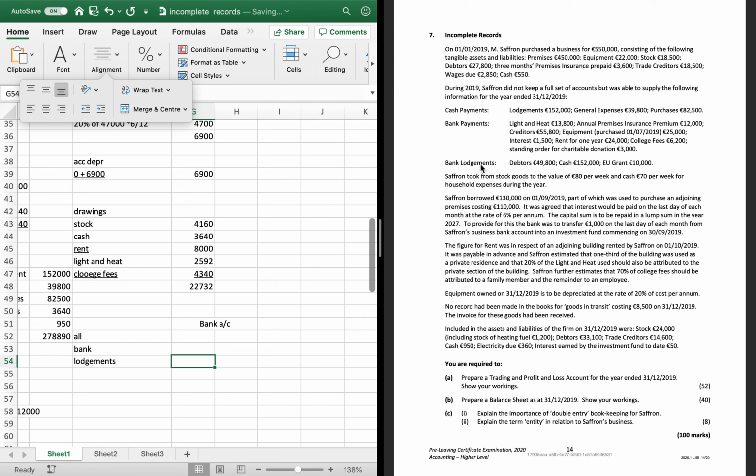So I've got my 49.8, cash of 152,000, and EU grants of 10,000. Okay, I put all my bank payments on the right.